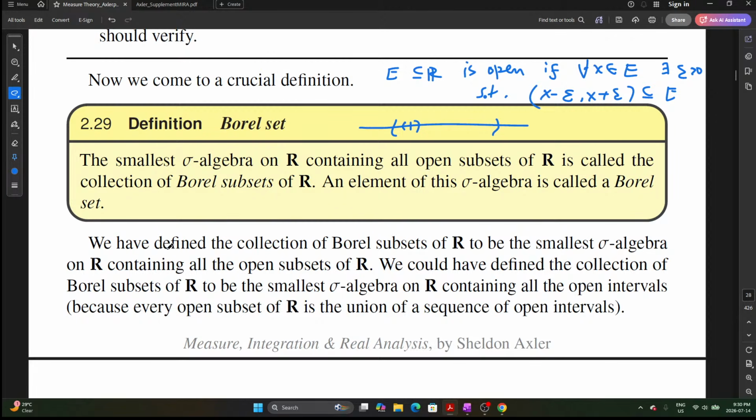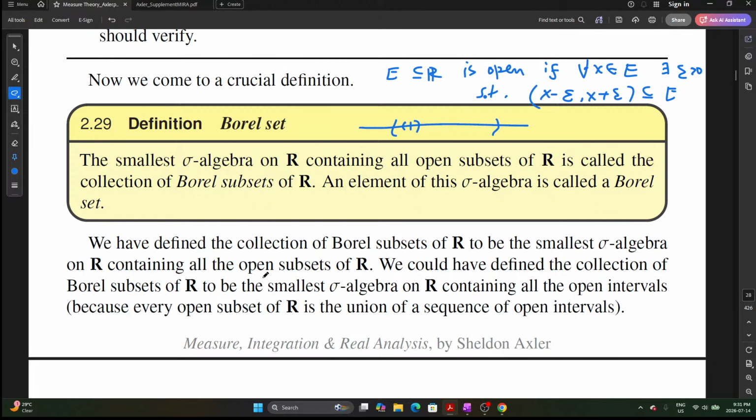So here it says we have defined the collection of Borel subsets of R to be the smallest sigma algebra of R containing all the open subsets of R. We could have defined it to be the smallest sigma algebra containing all the open intervals.